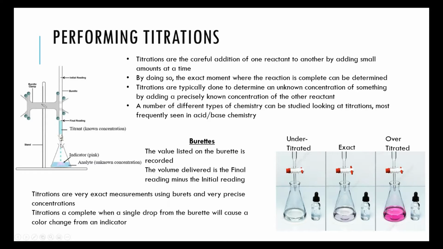Titrations use burettes. The readings on a burette are based on what is delivered, or what leaves the burette. The top marking when a burette is filled is marked as 0.00 milliliters.